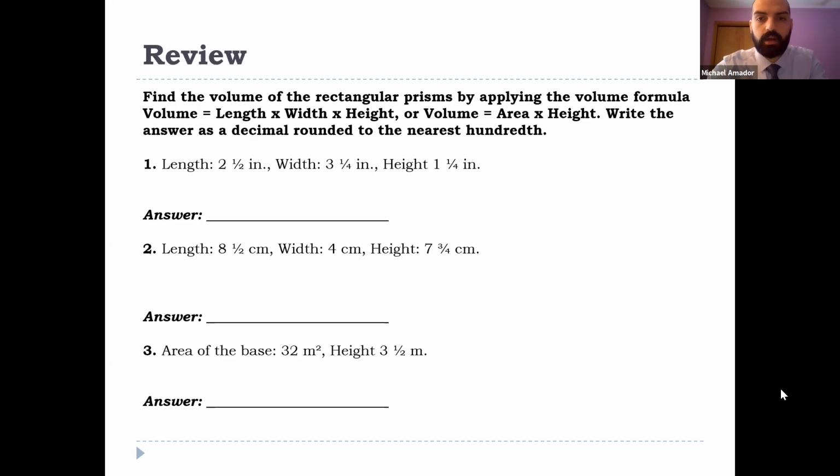Good question. Yes, you are allowed to use calculators. If you don't have a calculator, you can use a calculator on your phone or on the computer. But I think that everyone should be able to multiply these numbers out by hand.